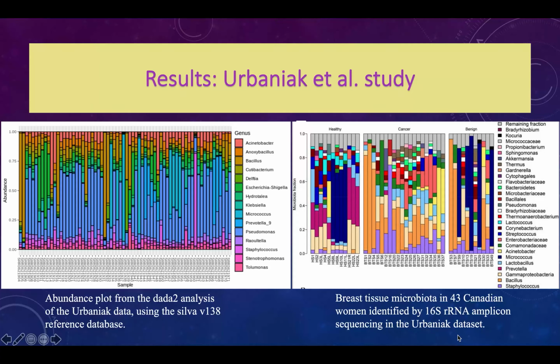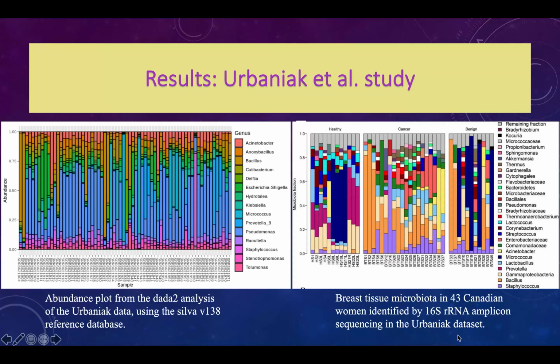At the genus level, in our abundance plot on the left, there is a clear abundance of Pseudomonas, Prevotella 9, Micrococcus, as well as Bacillus and Anoxybacillus.